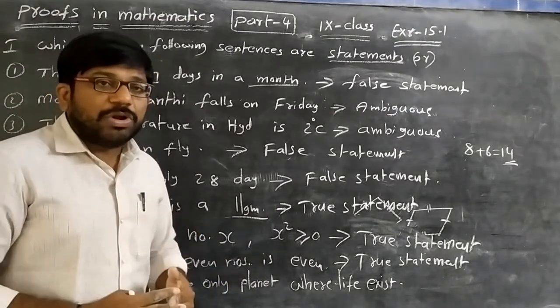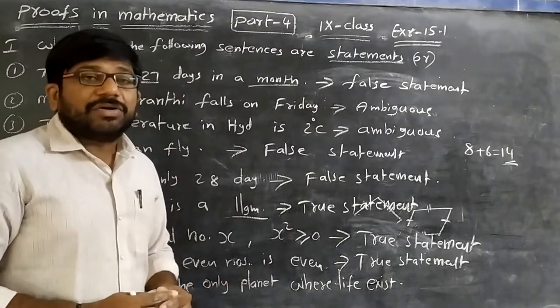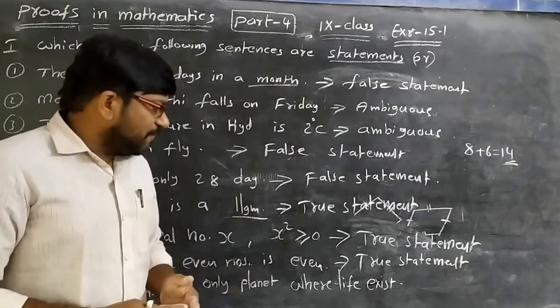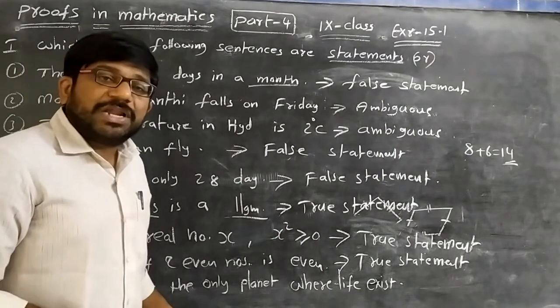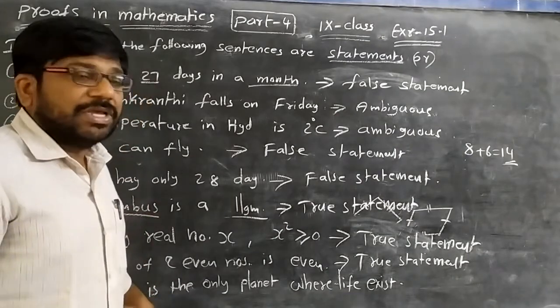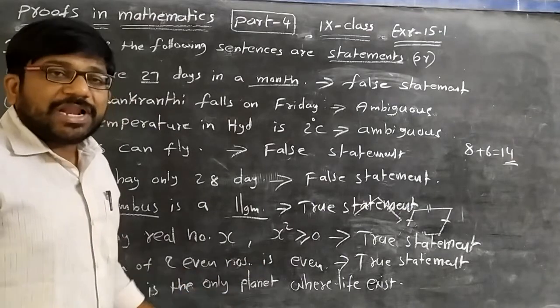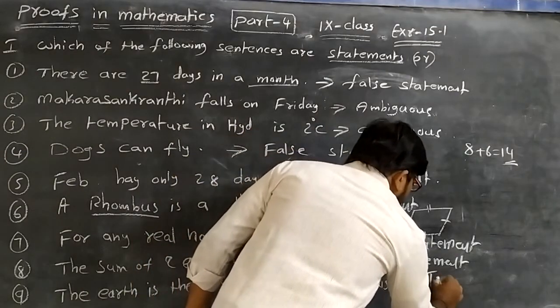Up to now, earth is the only planet where life exists, right? Yes, it is correct, up to now correct. It is clear, so it is also a true statement.